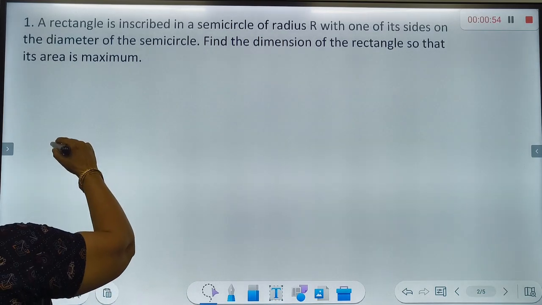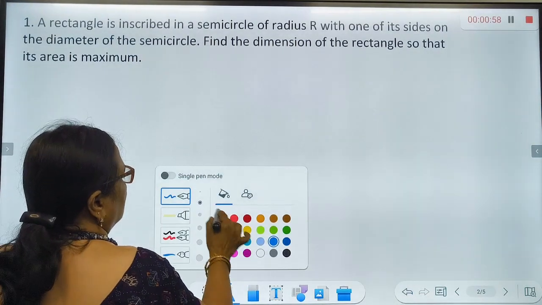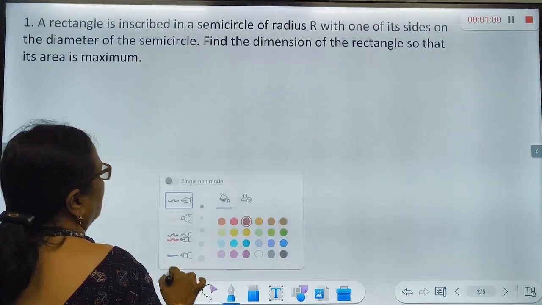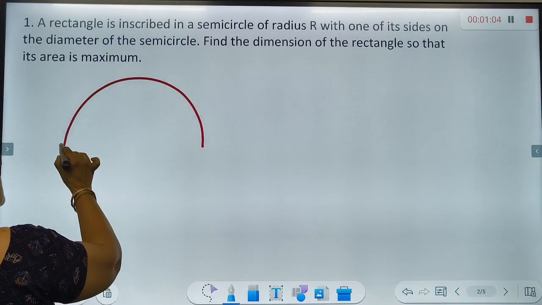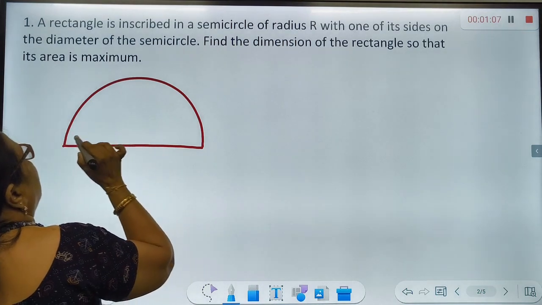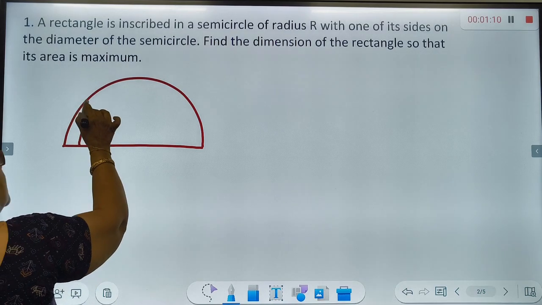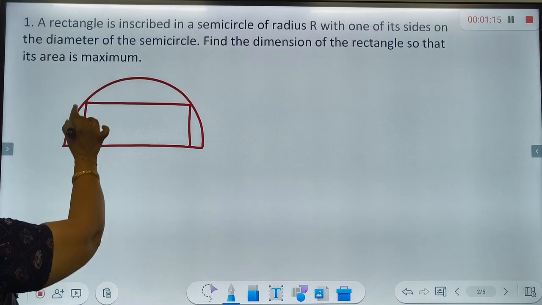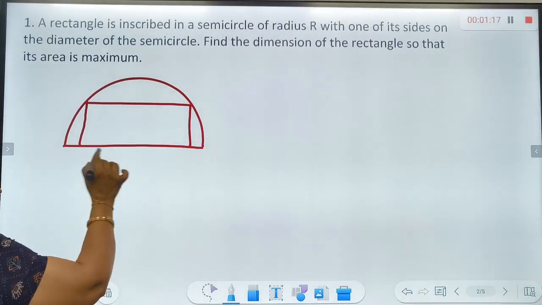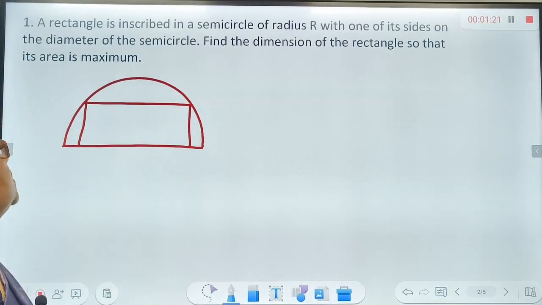So we have a semicircle and a rectangle is inscribed in the semicircle, so that one of the sides of the rectangle is lying on the diameter of the semicircle.